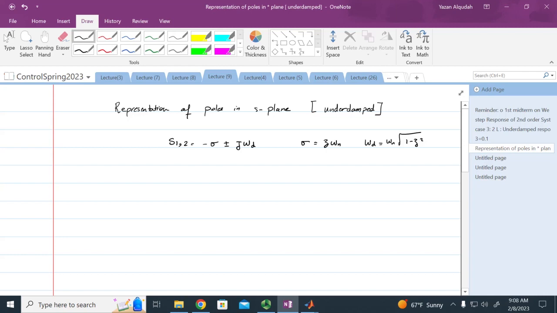So what I want to do is see how the poles are represented in the S domain, and I want to be able to look at the pole location and know what the values of zeta and omega n are. So if I come to my S domain, if I have a pole, what is this value here going to be?